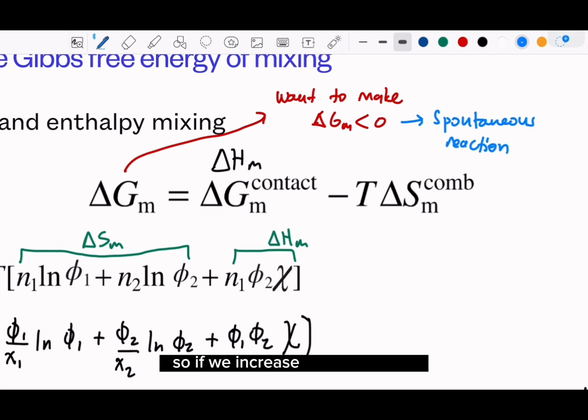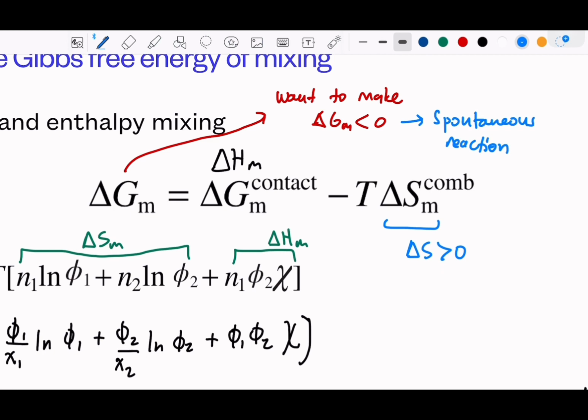If this is positive, it means that this is going to be more negative, right? So if we make this as small as possible, then we could make all things negative. Okay? Hope you get the point. So this is going to be positive there.